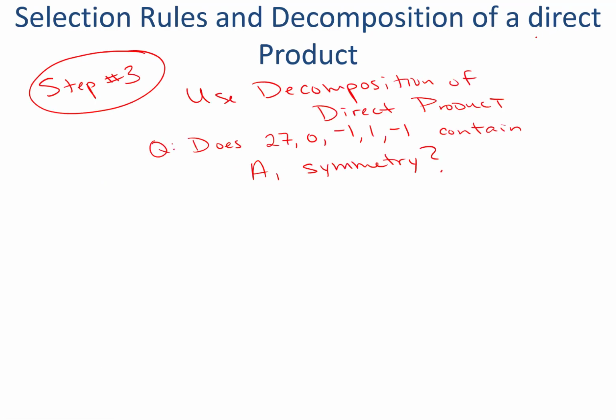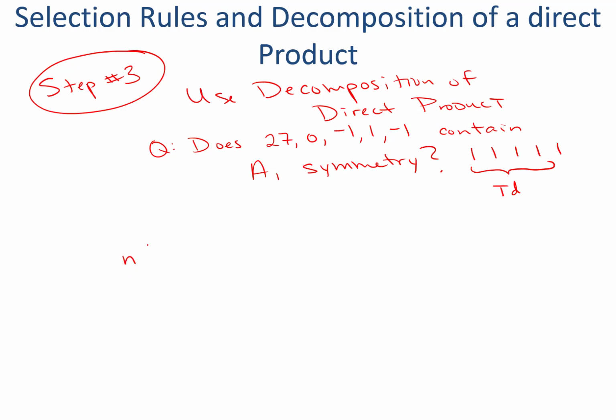Okay, now 27, 0, -1, 1, -1 isn't obvious that we would have any A1 symmetry in there. So step number 3, we need to use the decomposition of a direct product. The question that we're asking is, does 27, 0, -1, 1, -1 contain an A1 symmetry, which of course means 1, 1, 1, 1, 1 for Td.